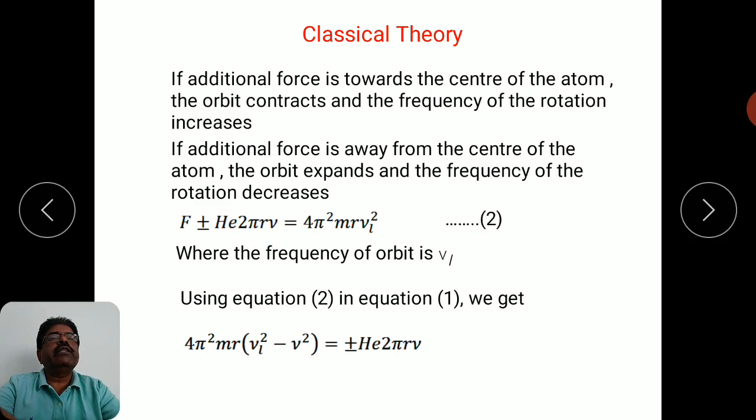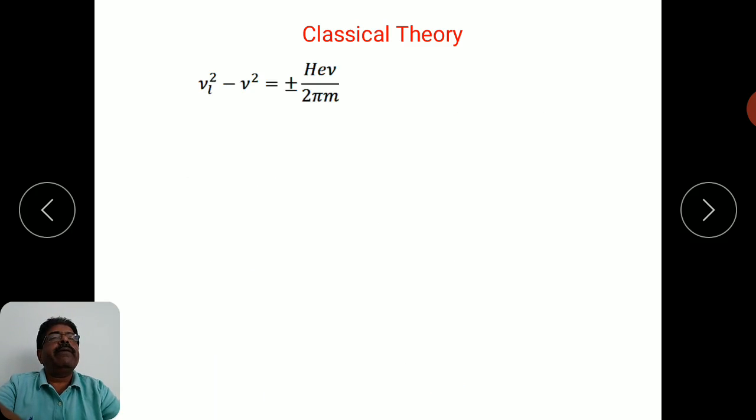So if you take this force to this side, which is simply 4 pi square m r nu square, and this is nu L square, 4 pi square m r you can take common. So nu L square minus nu square is equal to the additional force, plus or minus He 2 pi r nu. Therefore nu L square minus nu square is equal to plus or minus He nu upon 2 pi m.